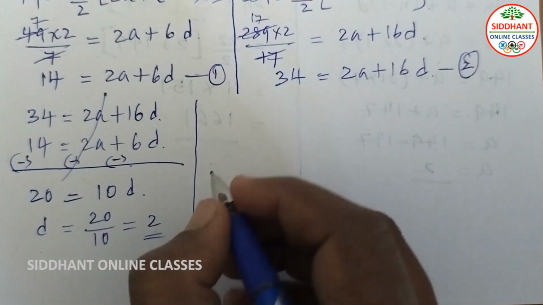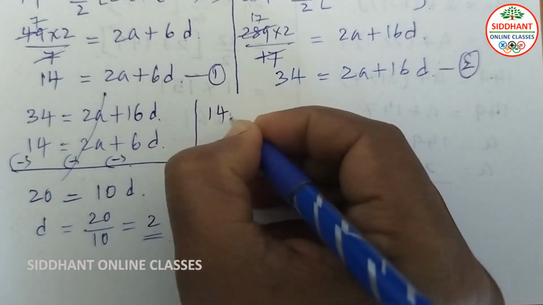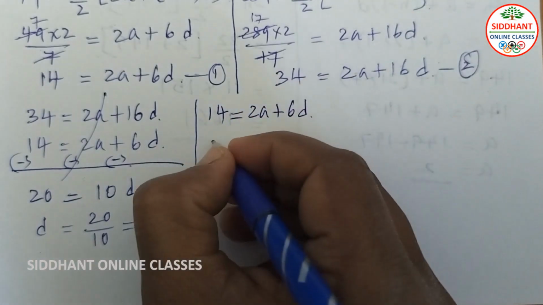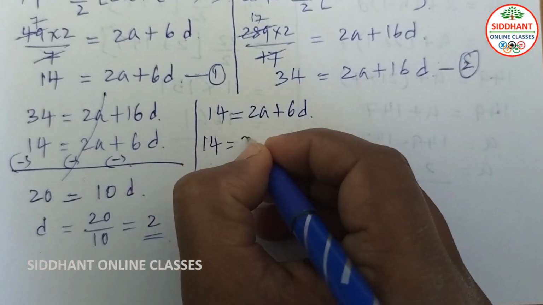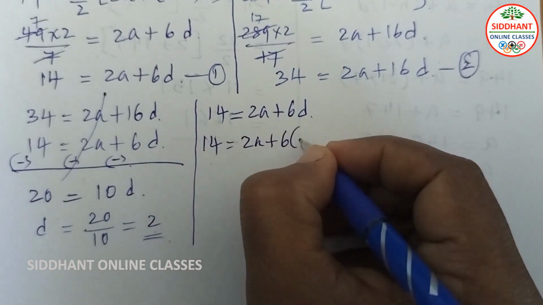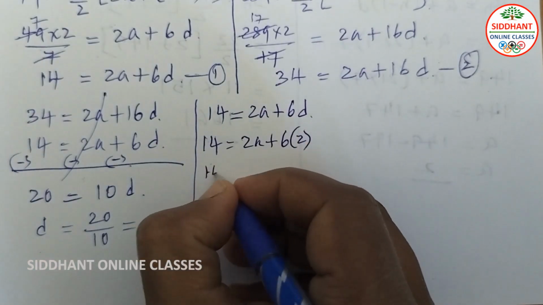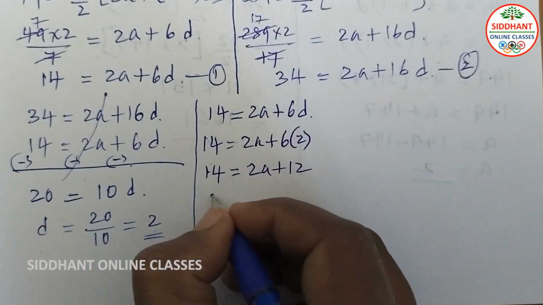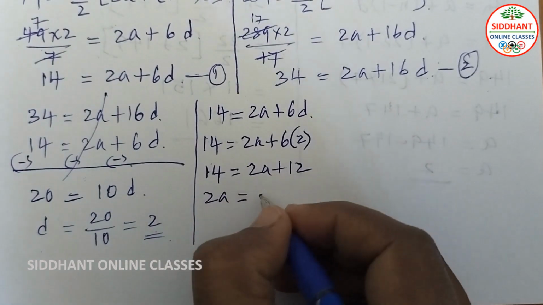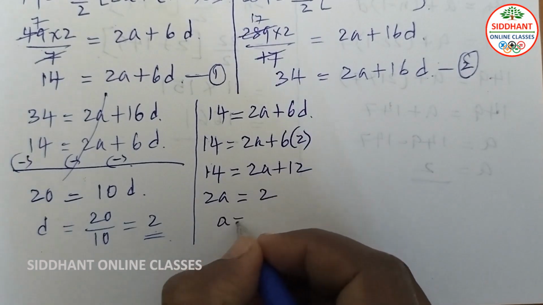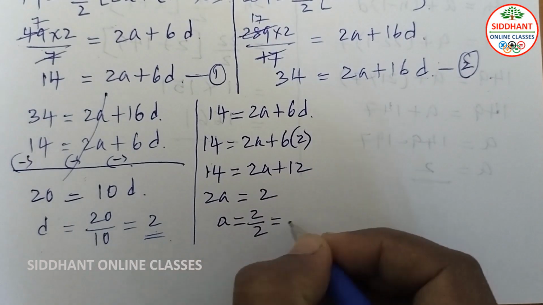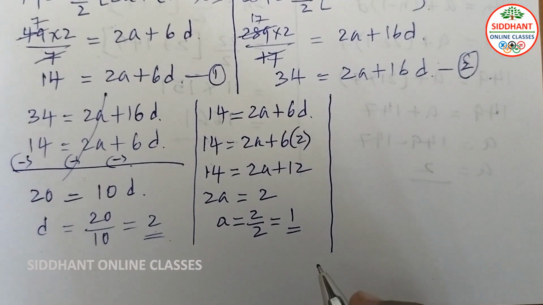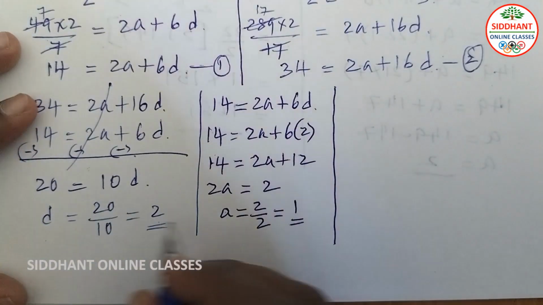Now we are going to find out the a value. 14 equals 2a plus 6d, so 14 equals 2a plus 6 into 2. Now 14 equals 2a plus 12, and 2a equals 14 minus 12, which is 2, and a equals 2 by 2, that equals 1. Now we got a value 1, d value 2.